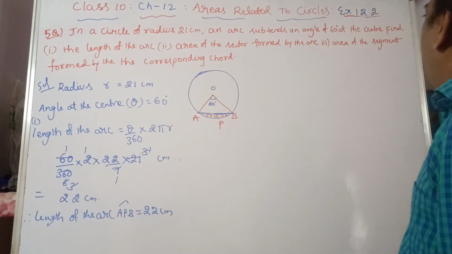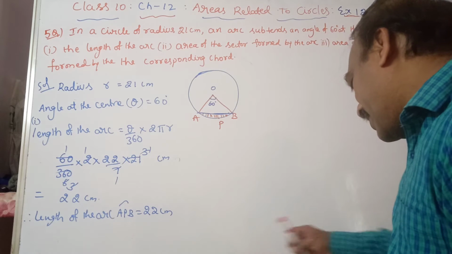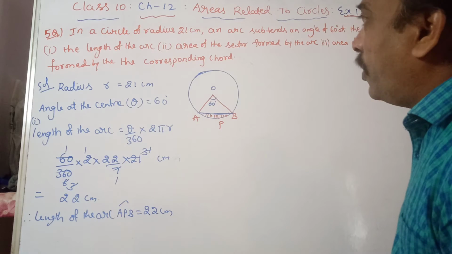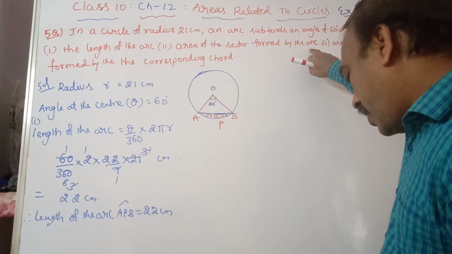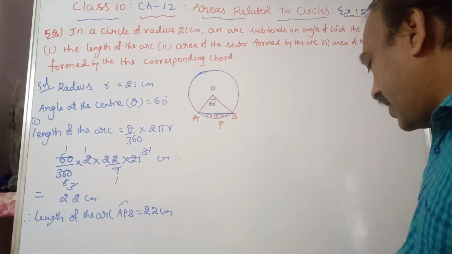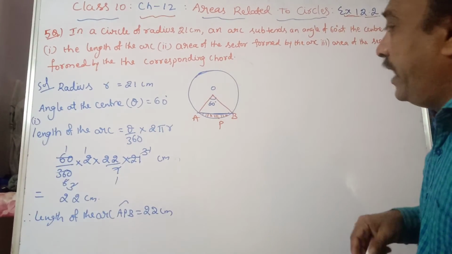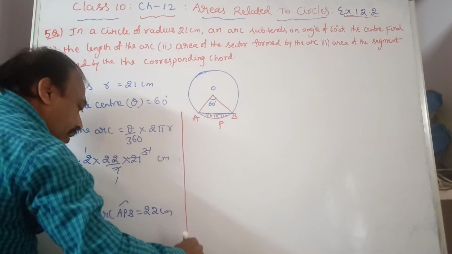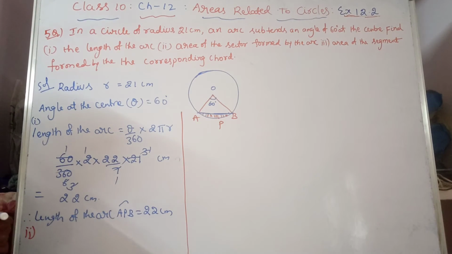Area of the sector formed by the corresponding arc. Third one, area of the segment formed by the corresponding chord. So now we are going to do the second one, that is area of the sector.